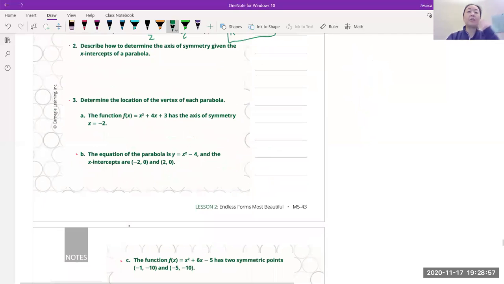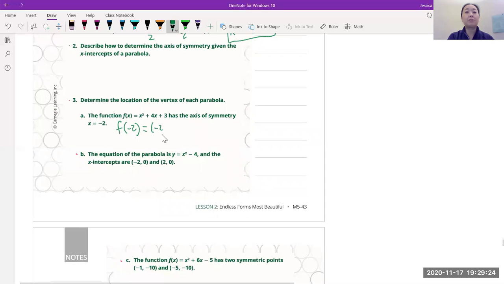Right, so it says determine the location of the vertex of each parabola. The function is this, and it has an axis of symmetry at -2. Remember, we know that the axis of symmetry has the vertex on it. So literally, we're just plugging it in. f of -2 is equal to, anywhere we see an x, we put in a -2.